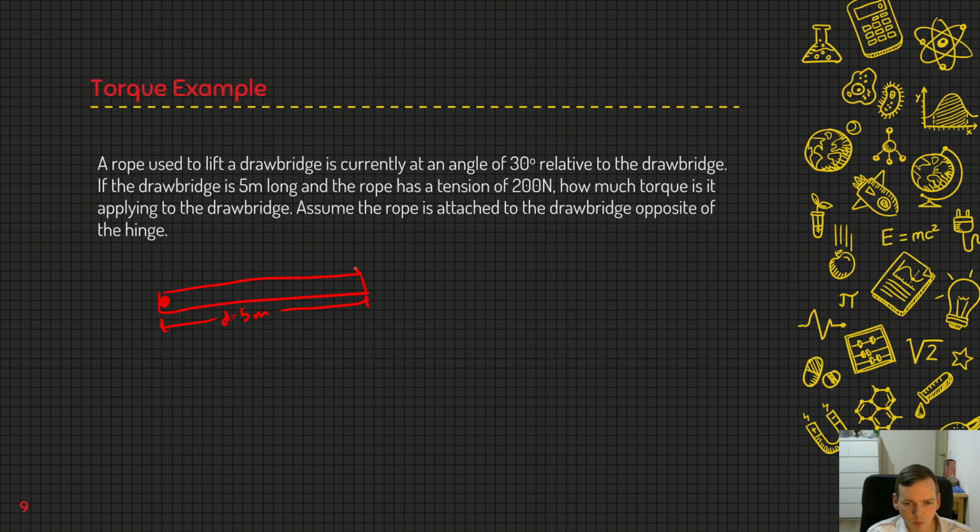And then we've got some rope. You pull a drawbridge up from the end. We've got some rope that has an angle equal to 30 degrees. And then we've got some Ft equal to 200.